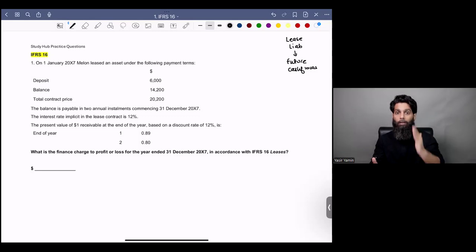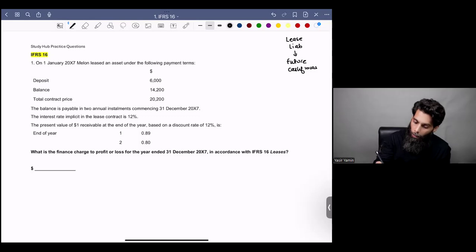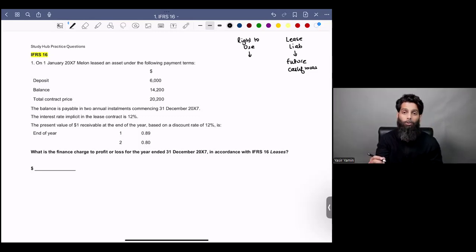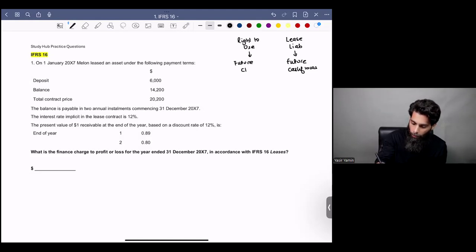That down payment reduces your lease liability. Make sense? But when you talk about right to use asset, and I want you to pay very good attention to this fact, right to use asset valuation considers every payment that you have to make with regards to the lease. This includes future cash flows, right? Plus any prepayments or what you call down payments as well.